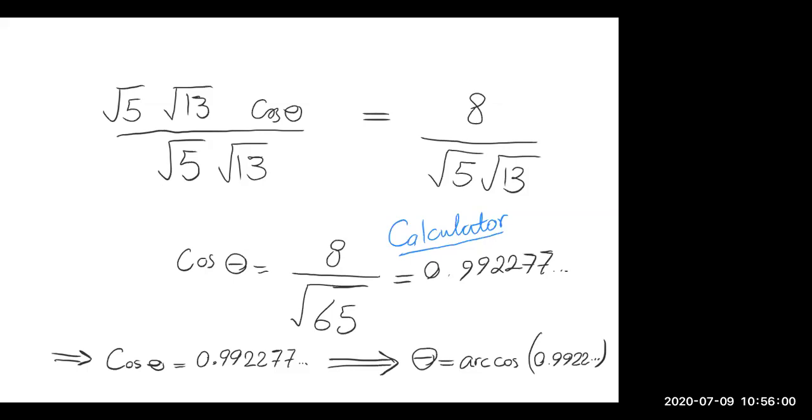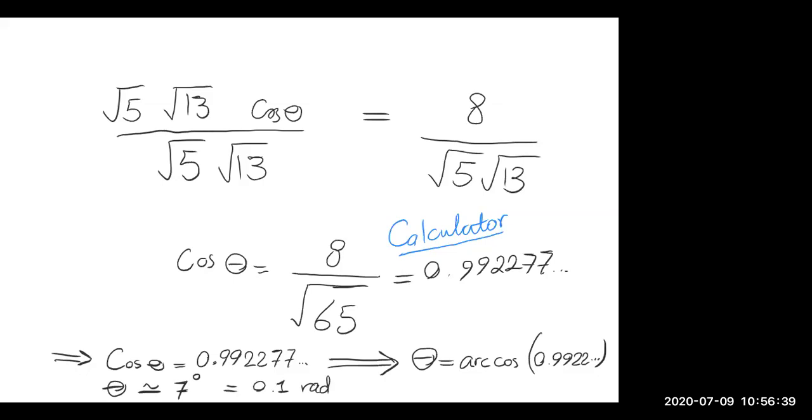Okay, and let's compute the cosine inverse of this number. Okay, the answer is theta is almost equal to 7 degrees, which is equal to 0.1 radian.